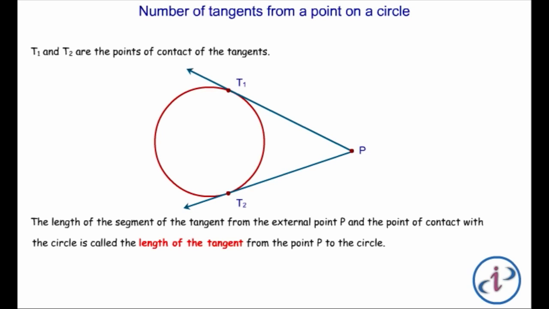Here, PT1 and PT2 are the lengths of the tangents from P to the circle. The lengths PT1 and PT2 have a common property. Yes, the lengths of the tangents PT1 and PT2 are equal in measure.